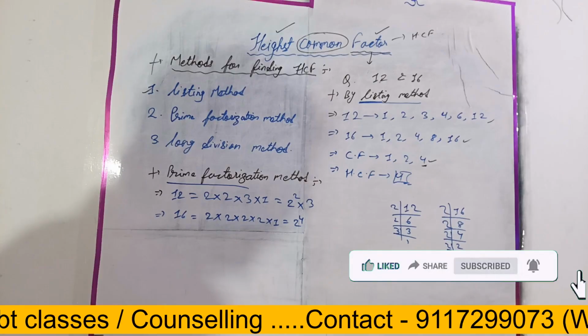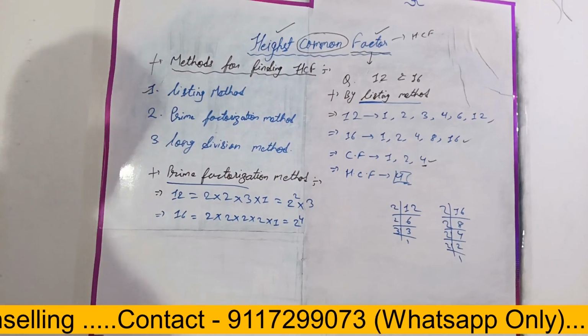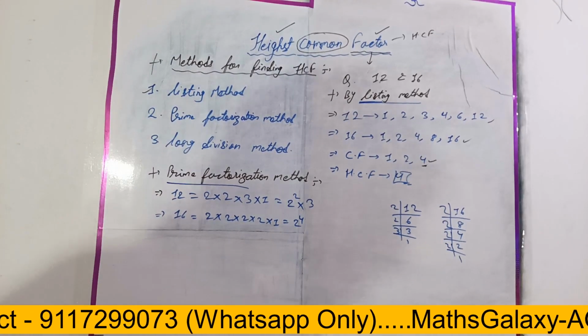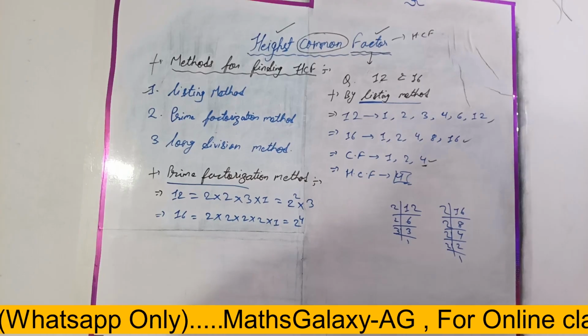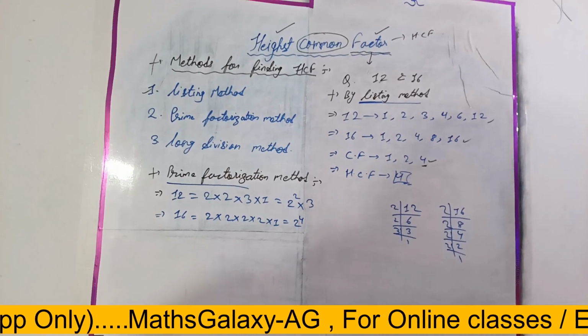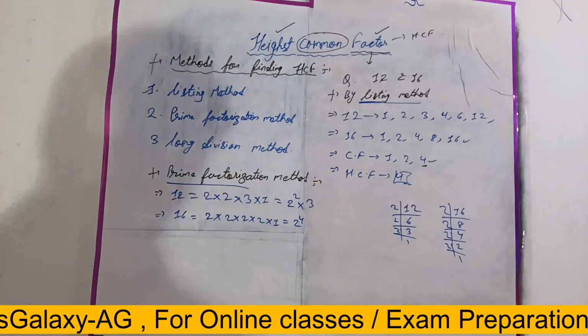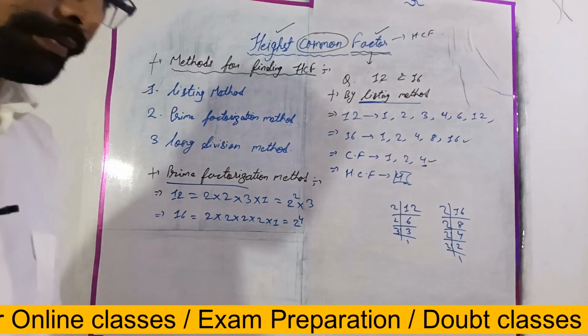Let's think about what we have to do now. You just have to take out the numbers which are the same in both.